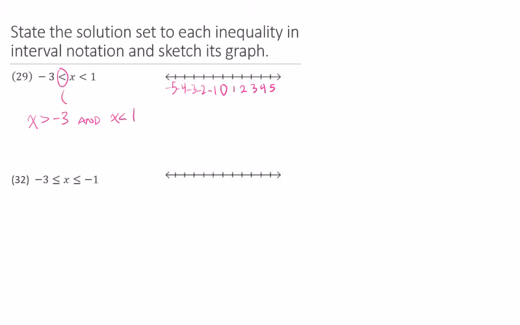So at -3, I'm going to have a parenthesis. x is greater than that, so it's going to start going this way. And then on the other side, x is less than 1, so once again, that's parentheses. I'm going to put parentheses here at 1. And it's less than, so I'm going to start going this way. So where all that meets, that's the interval.